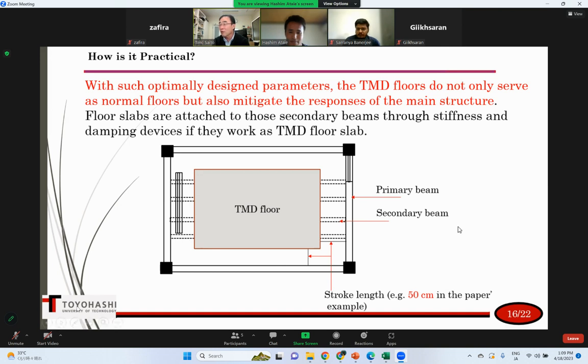So this floor is not connected to the wall? No, it is connected, they said, for example, to the secondary beams, these beams. But these secondary beams are fixed to the primary beams, and the primary beams are fixed to the columns. And actually, there is a floor under this TMD floor, a kind of additional floor.